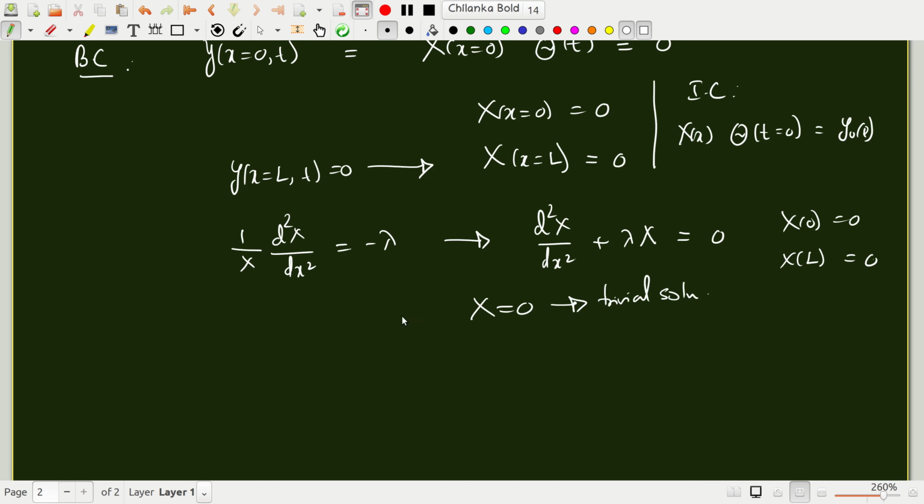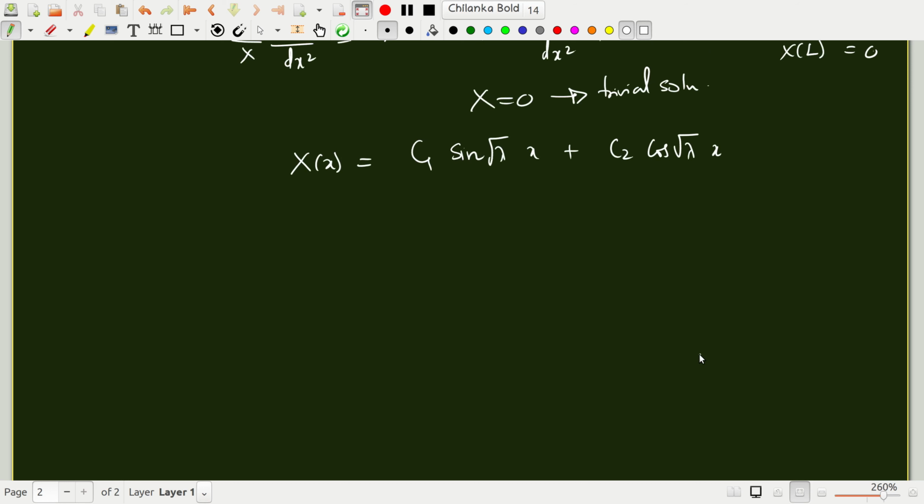Okay. So for non-trivial solution, we have to write capital X of x in general as C1 sine of root lambda x plus C2 cos of root lambda x. The two linearly independent solutions are sine and cosine. Okay. At x equal to 0, X of x equal to 0 is 0. This means that C1 times 0 plus C2 times 1 is 0, or C2 is 0.